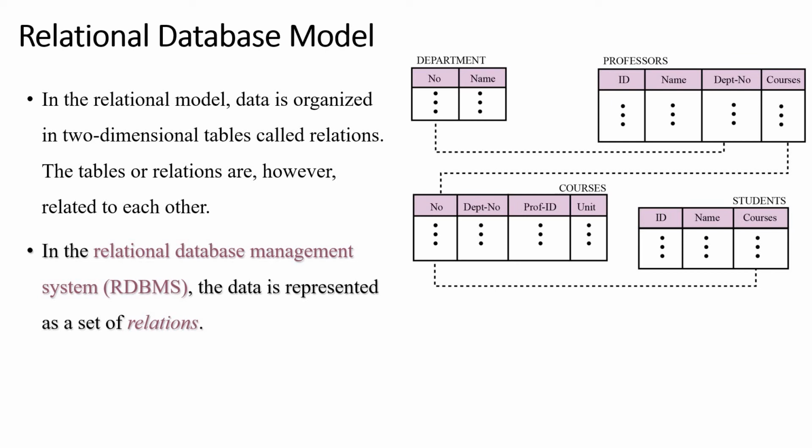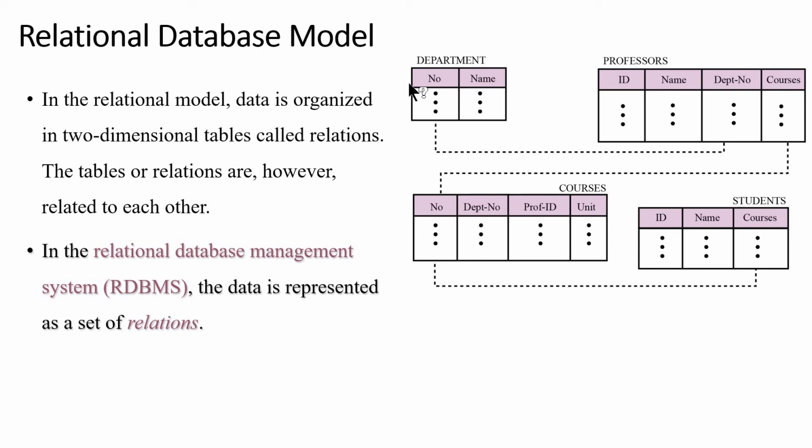For number of rows, the relational term is cardinality. For column or field, the relational term is attribute. Number of columns is called degree. And for unique identifier, we use primary key.